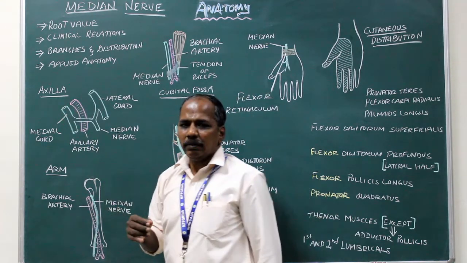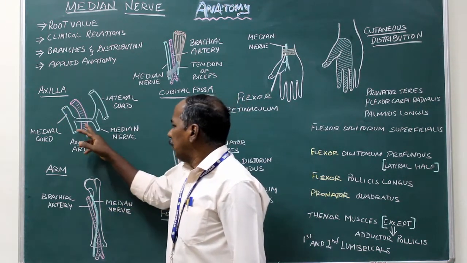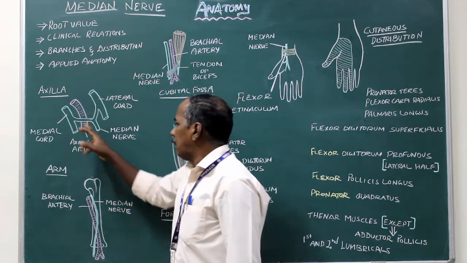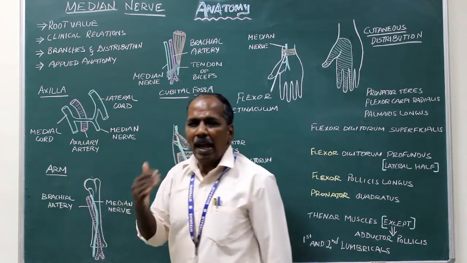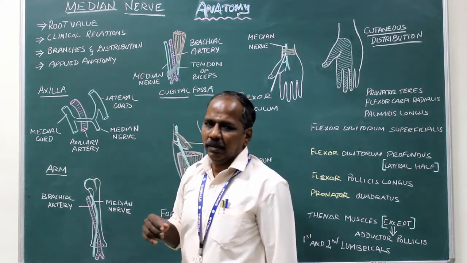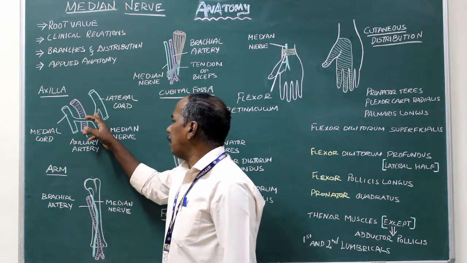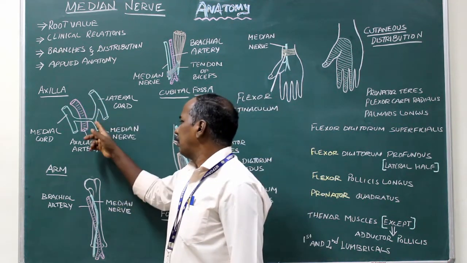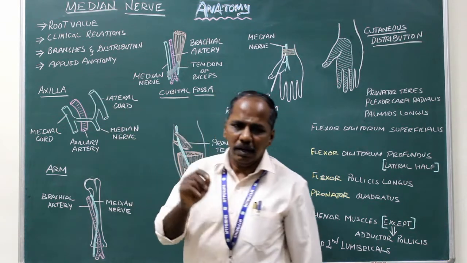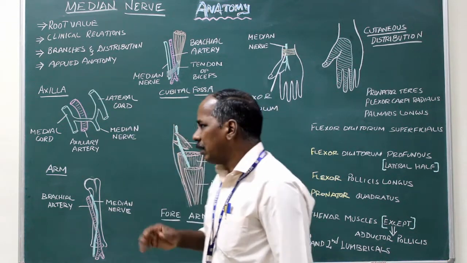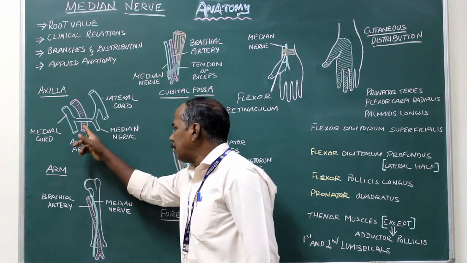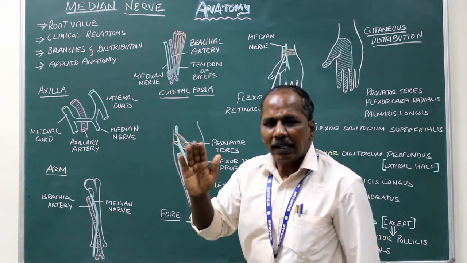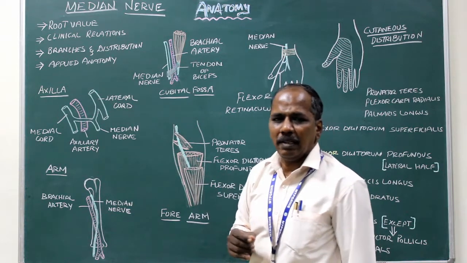In the axilla, the medial root of the median nerve crosses the third part of the axillary artery anteriorly to join the lateral root of the median nerve to form the median nerve. It lies lateral to the third part of the axillary artery, or it descends lateral to the third part of the axillary artery.